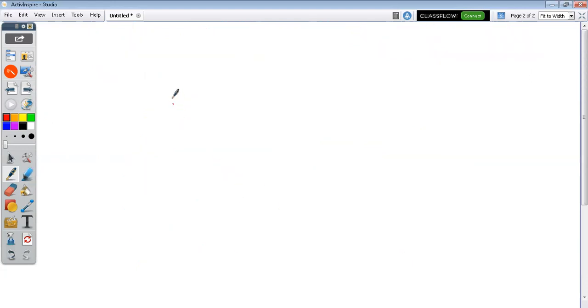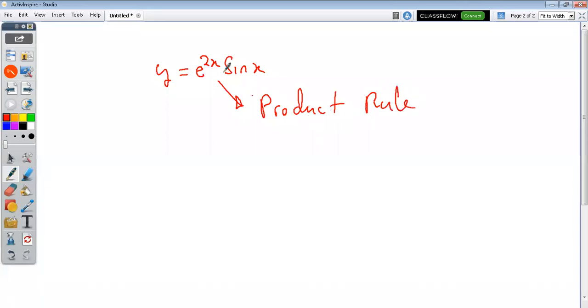That's fine. So let's say now we have something like this. Now, I can't expand this. So the only way I can differentiate this is where the product rule applies, because I can't expand this.